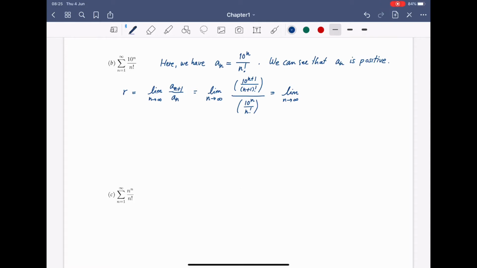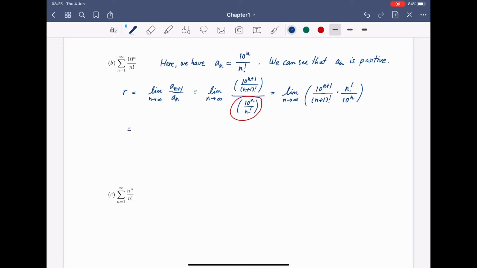So what I am going to do is keep 10 to the n plus 1 over n plus 1 factorial here. And then the thing in the denominator, I have to move it to the regular line. So I'm going to swap 10 to the n over n factorial to n factorial over 10 to the n, right? That is how we make the notation look easier.